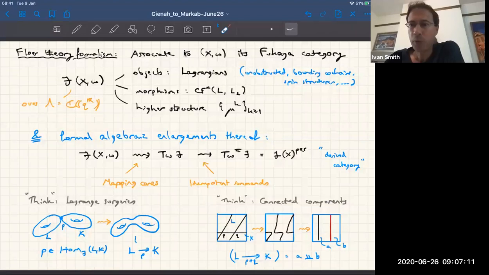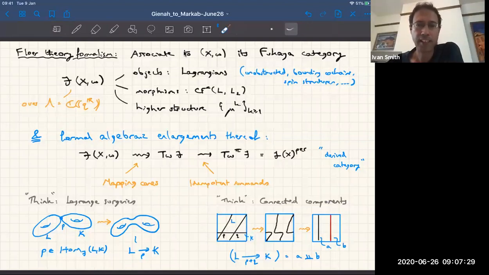And as we're sort of used to, one typically formally enlarges the Fukaya category in at least a two-step process. So one first forms a category, say, of twisted complexes, so kind of mapping cones and iterated mapping cones.